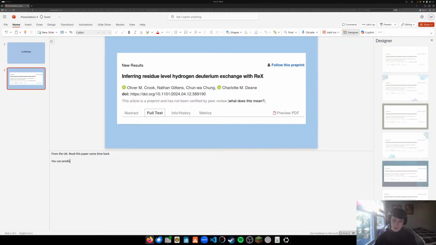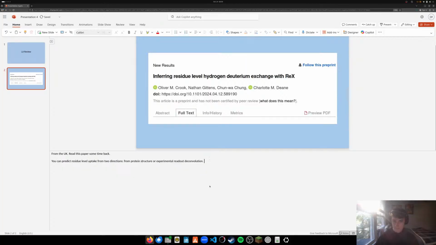You can predict residue level uptake from two directions: from protein structure, or from the experimental readout, deconvolution. This is the deconvolution method. Yeah, I can go into detail later.